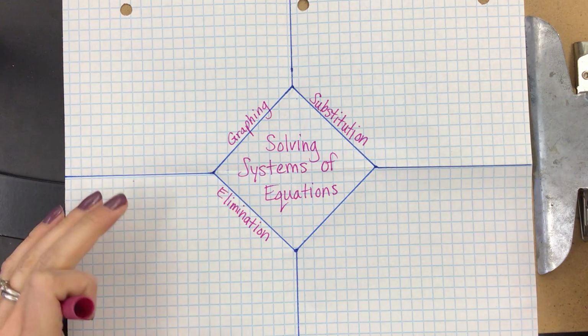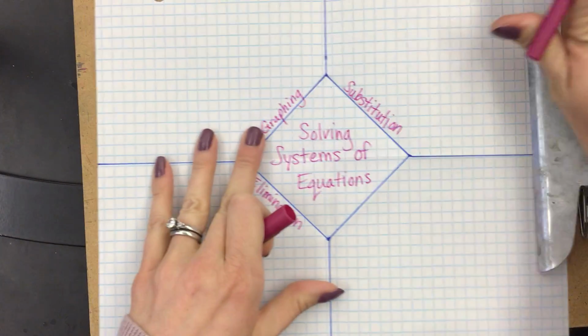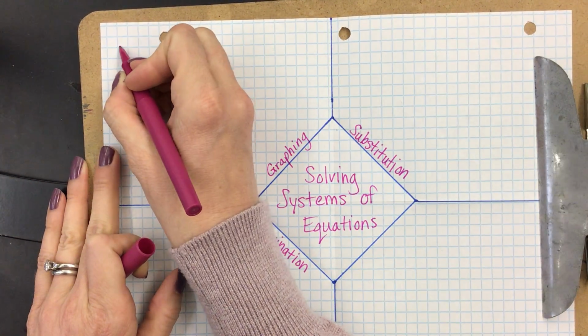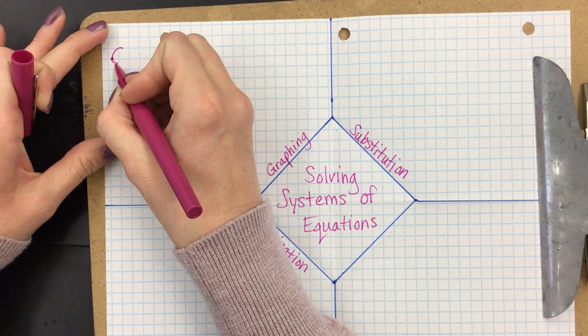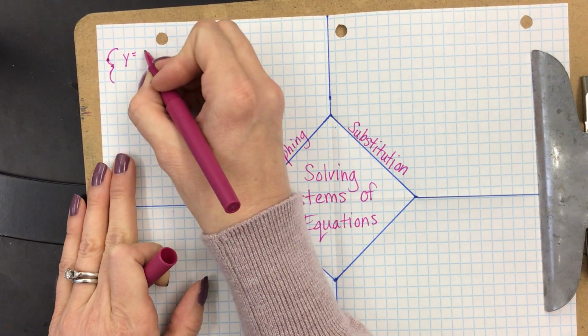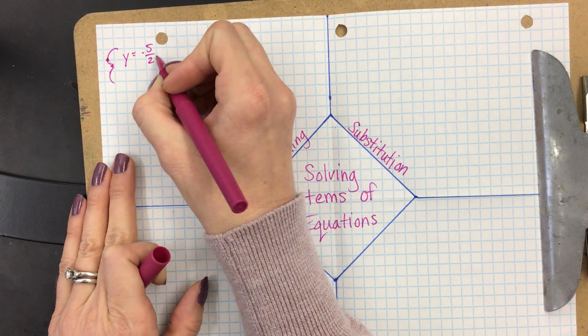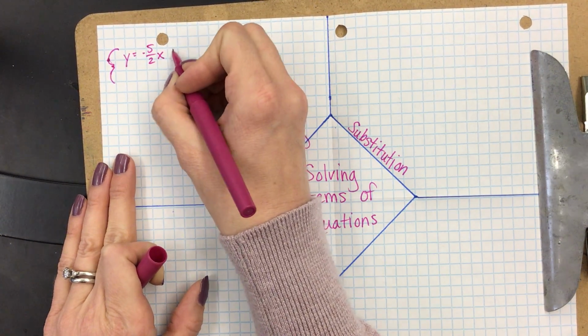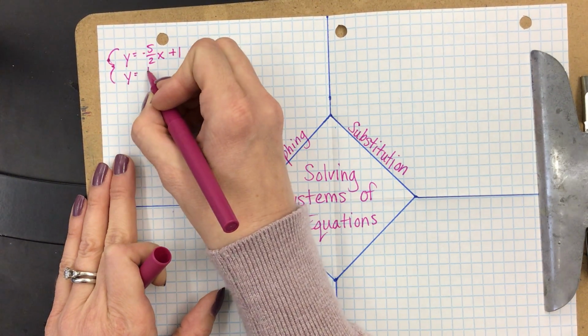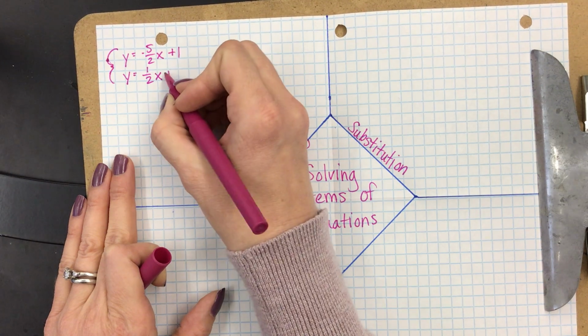An example of an appropriate situation for graphing is when they are already solved for y. So if you get a system that looks like this, y is equal to -5 halves x plus 1, and then y is equal to 1/2 x plus 7.